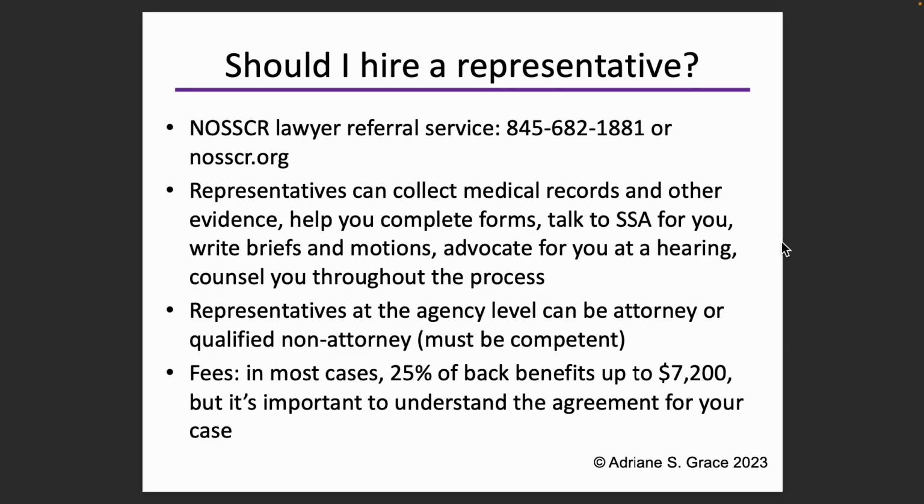And then also not being patient, and not paying attention to the letters that come in the mail. Make sure that you are responding. Make sure that you're providing the information that they need to decide your child's claim.